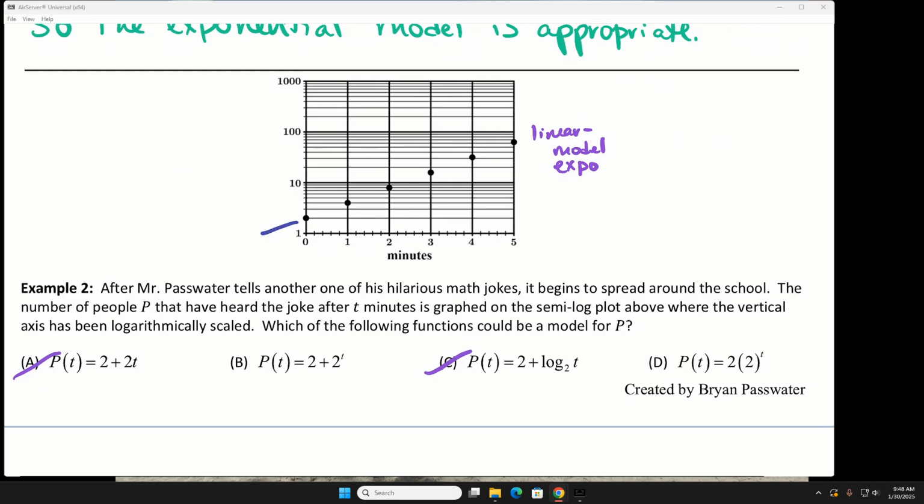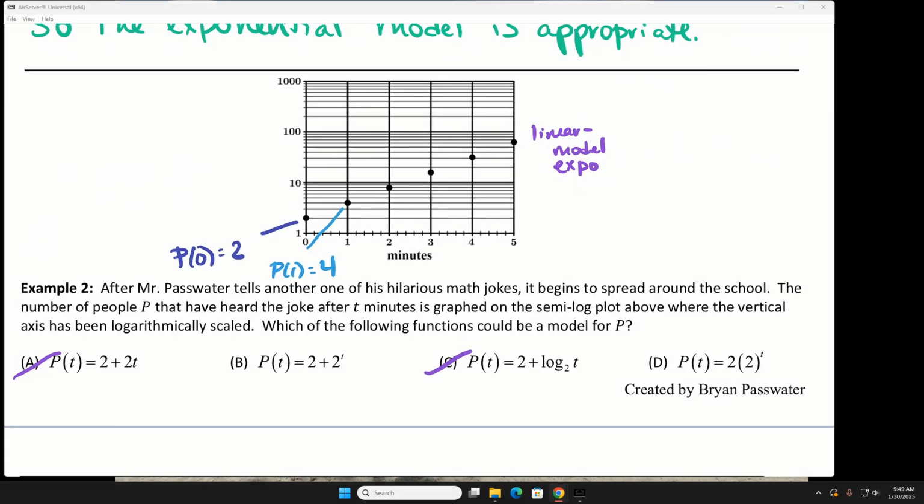So this right here is when T is 0. What is the value of how many people have heard that joke at time 0? 2. Right, I'm going to use one more point. What about time 1? 4.